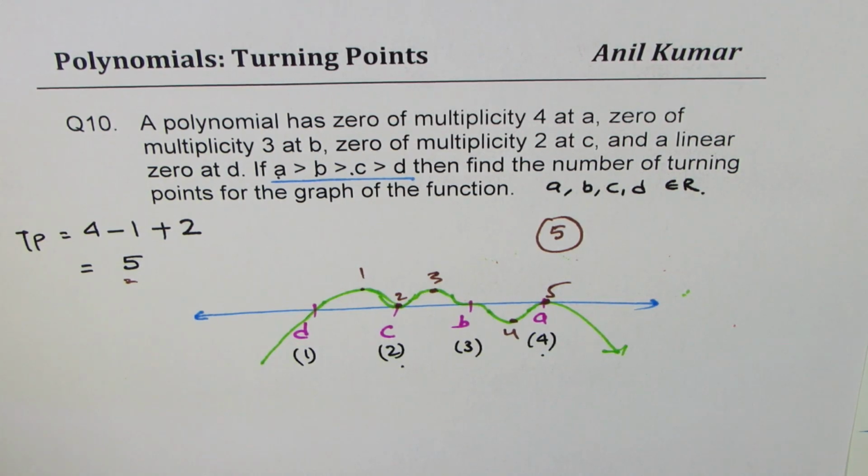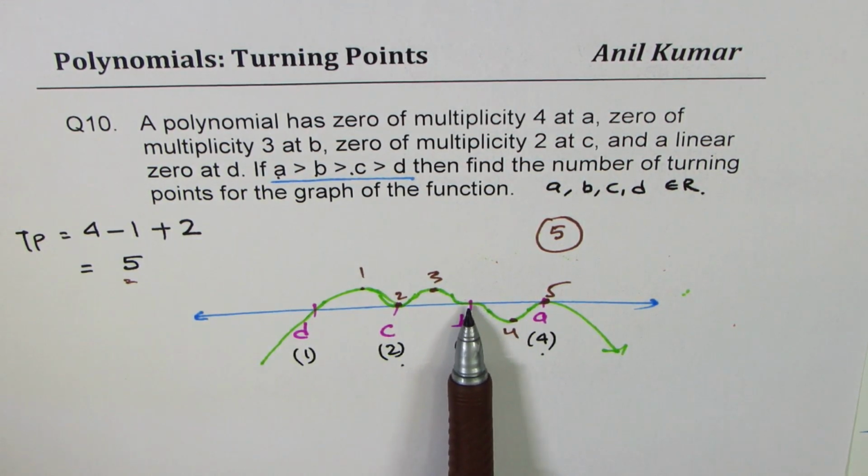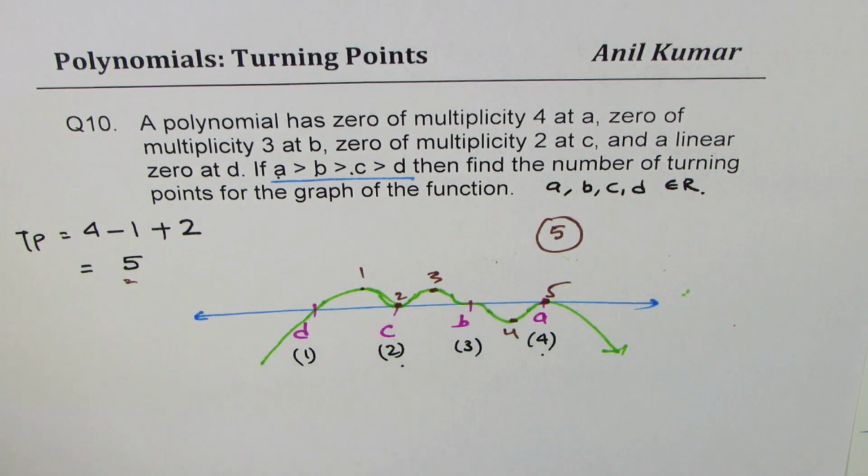But it does not mean that if tangent is 0, as x-axis is tangent to this point, it will be a turning point. No, it could be point of inflection. Is it okay? Keep these things in mind when you answer any question based on turning points and also the formula learned. Number of x-intercepts minus 1 plus number of even zeros will give you total number of turning points for the graph of a polynomial.